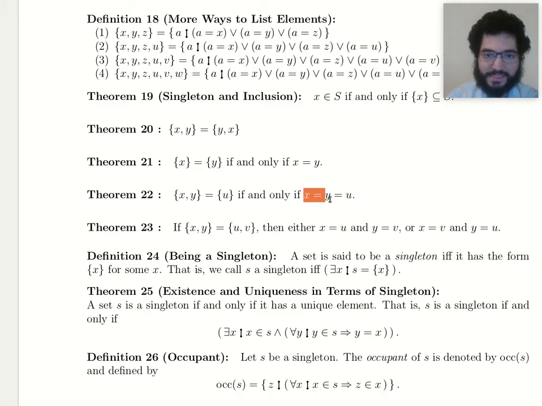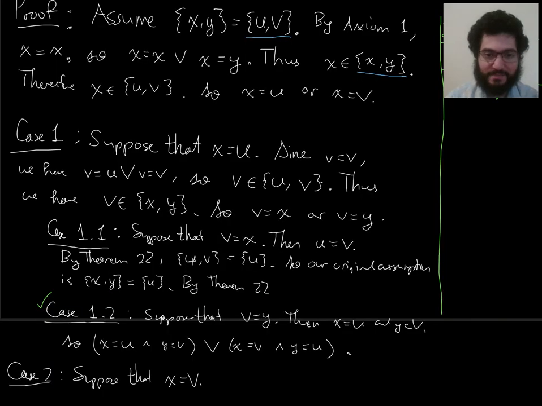So we had this side, except with u and v rather than x and y. And so we were using the arrow that goes this way, from the right to the left, and deducing that since u equals v, the doubleton of uv equals the singleton of either one of them.